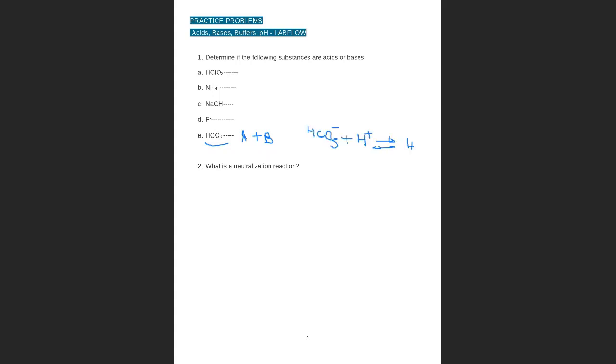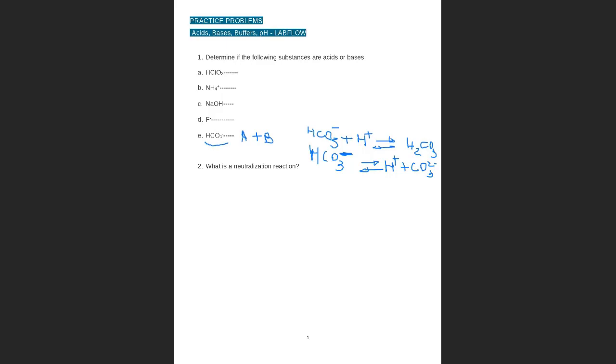It forms carbonic acid. Exactly, thank you. And what happens if it loses, if it donates a proton? When it donates a proton, exactly, thank you.